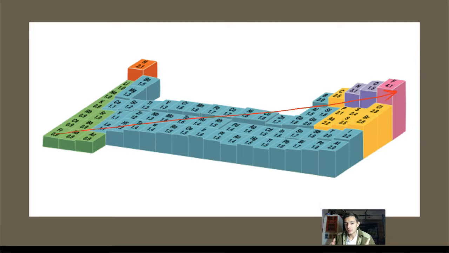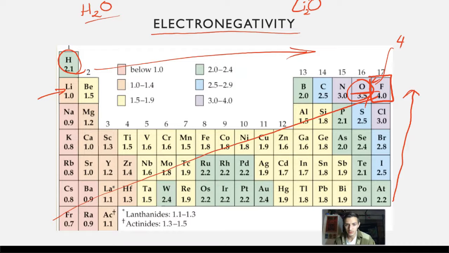And that's of course not completely consistent. As you can tell, copper and zinc have a slightly less electronegativity. Copper is 1.9, zinc is 1.6. So it's not like it's a perfect trend, but it generally increases as you go from left to right.